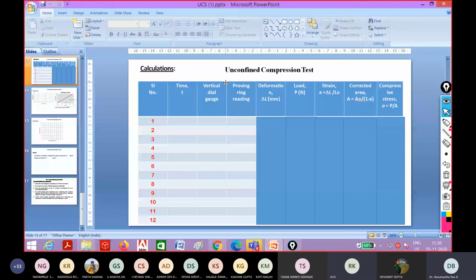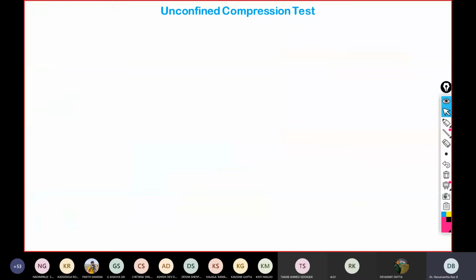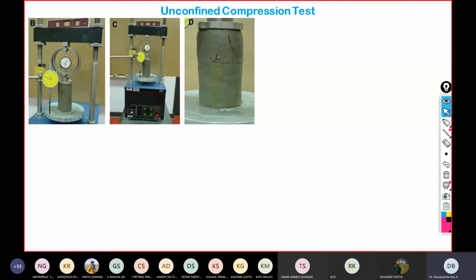Sir, why bulging takes place, and when does it take place? Bulging takes place because of several reasons. One of the reasons could be when you place the soil sample, if there is any kind of tilt on the plunger side, this top plunger, if it is not properly placed, then there is a possibility of bulging instead of shearing.